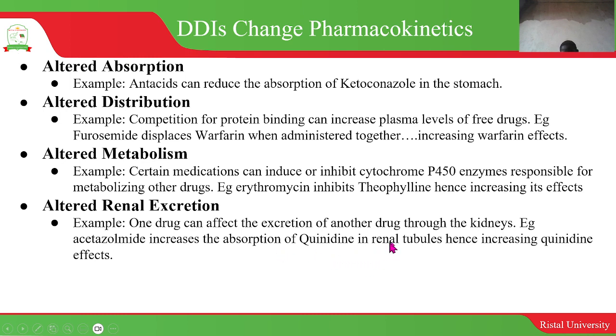In the renal tubules, acetazolamide, a drug that works at the kidney tubules, increases the absorption of quinidine, making the kidney tubules more permeable to absorb the quinidine, and therefore less of this drug is cleared in the urine and more of it is retained in the bloodstream, thereby ending up increasing the effects of this drug.